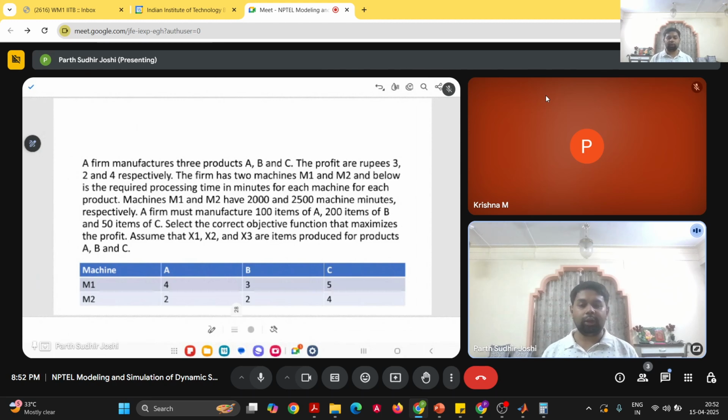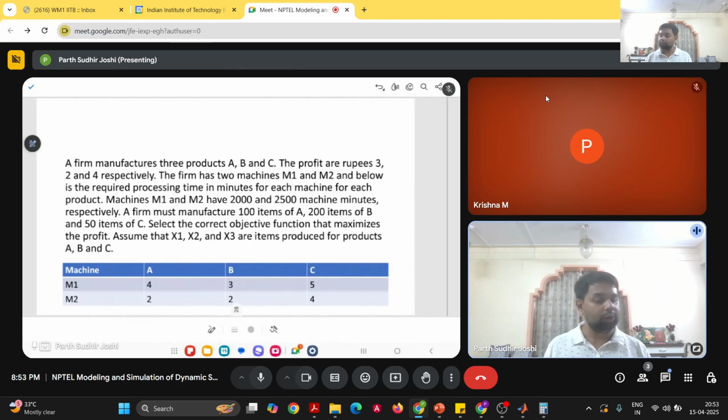So let us say x1, x2, and x3 represent the number of units of A, B, and C which are produced here.